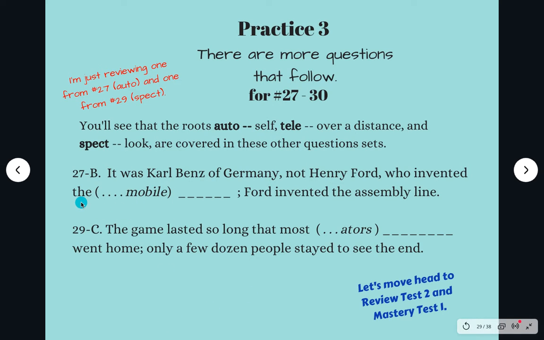So 27, it was Carl Benz of Germany, not Henry Ford, who invented the something mobile. Ford invented the assembly line. Well, that one's kind of obvious. It's going to be the automobile. And then this one, 29C, so you'll either choose spect or audi for this one, right? About the people who attended a game.